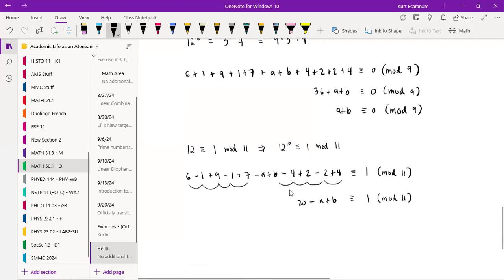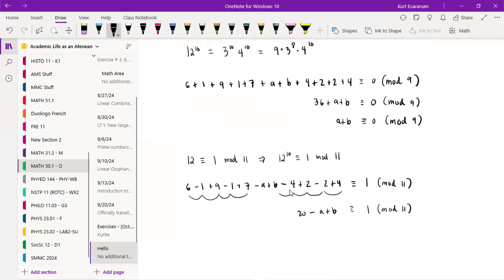Okay, paano ba to? Ito na yung congruence natin. So, it seems that we have a Chinese remainder theorem here. So, what I mean is, A is congruent to negative B modulo 9.